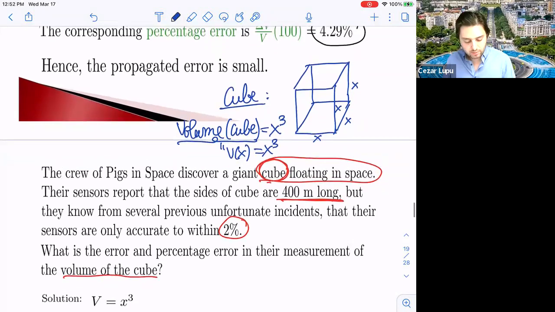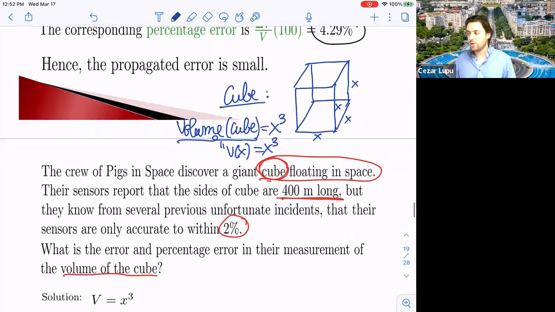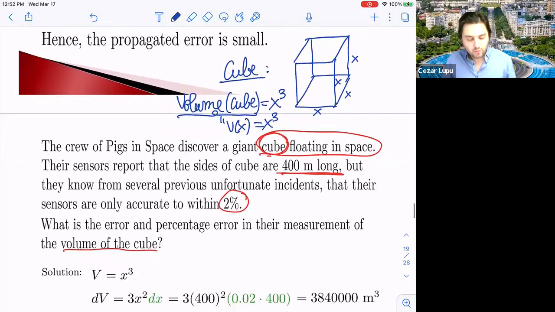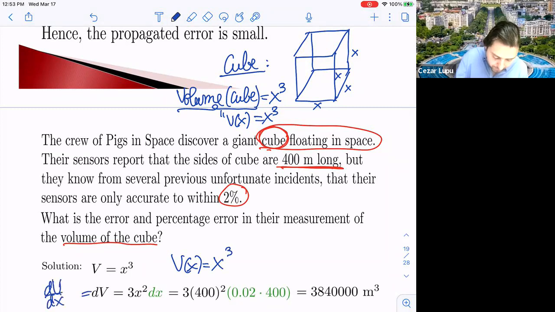So again, the function v of x is x cubed. And if we take the derivative with respect to x, so here dv, when I say dv, I mean dv over dx. So v of x is x cubed, just like we said. And here dv is nothing else than the derivative with respect to x. So this is dv over dx, or if you want, v prime of x.